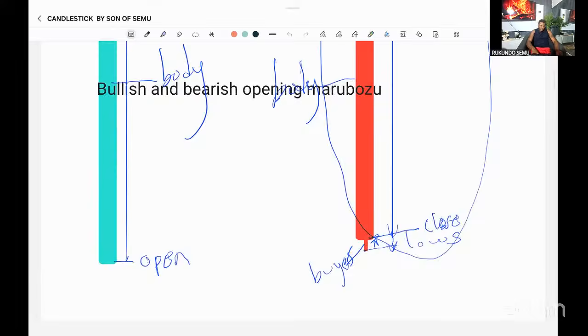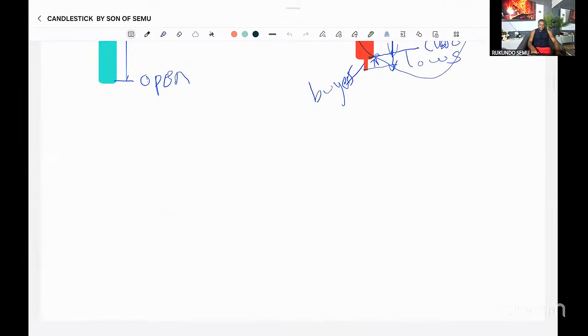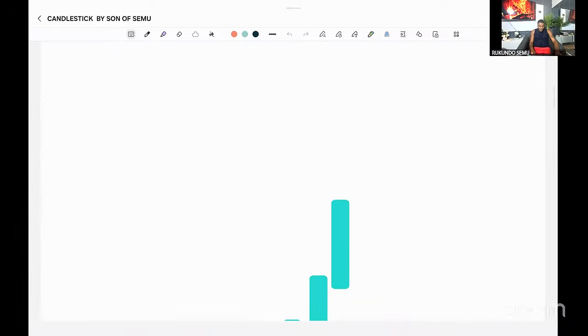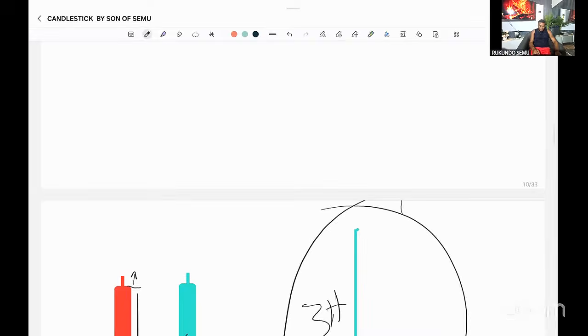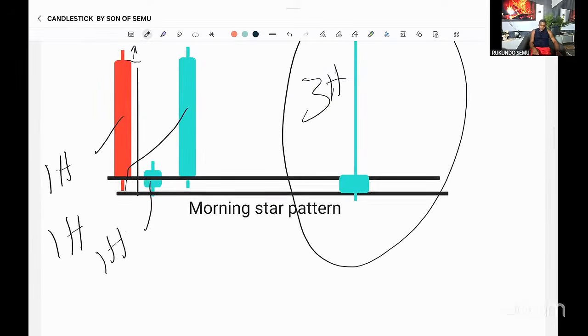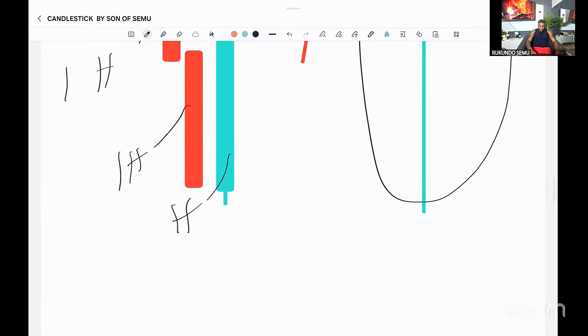If you combine all reversal pattern candles in the world, you end up getting the Musumali candle. Even if you combine evening star, tweezers, whatever it is, you will always get the Musumali candle. So everything we are going to do today, we build on the Musumali candle.